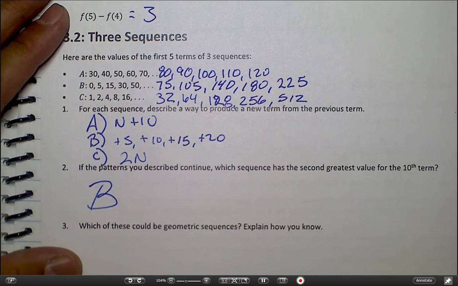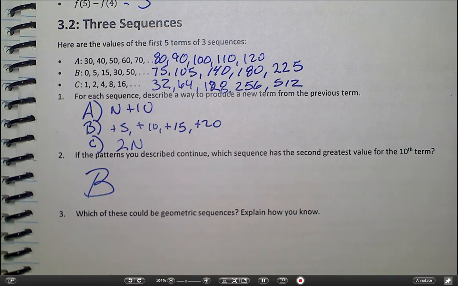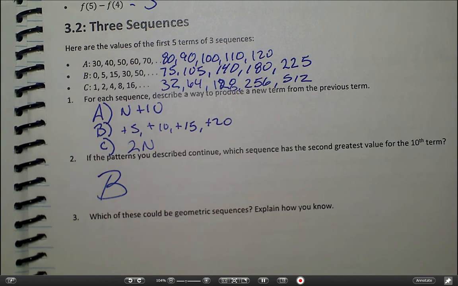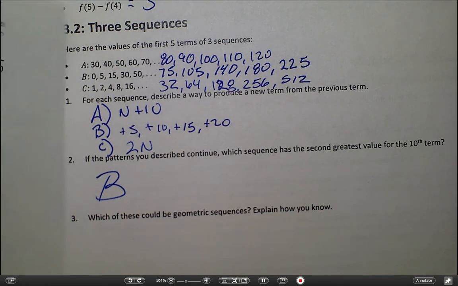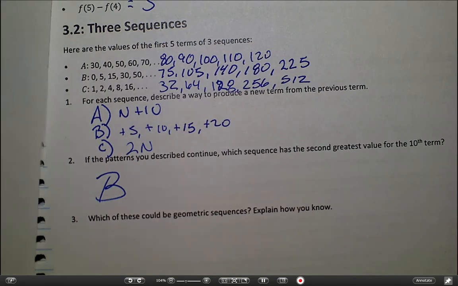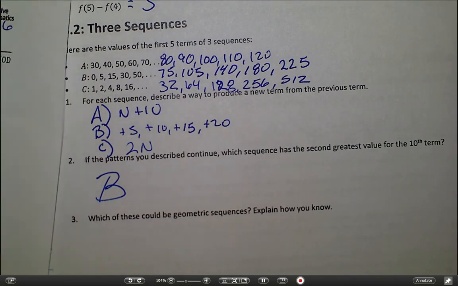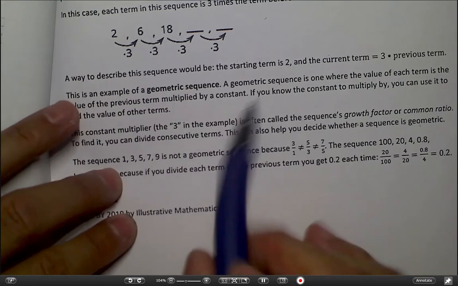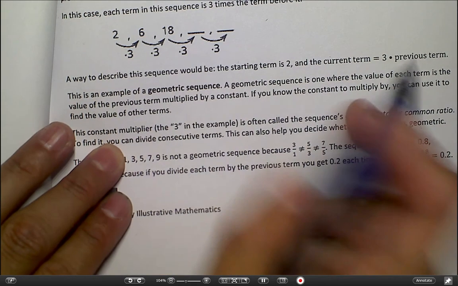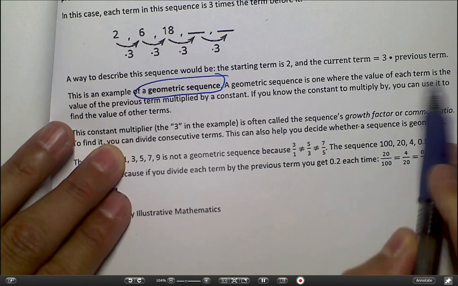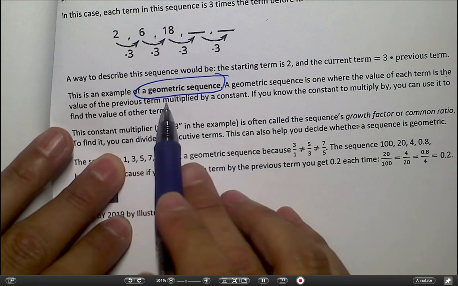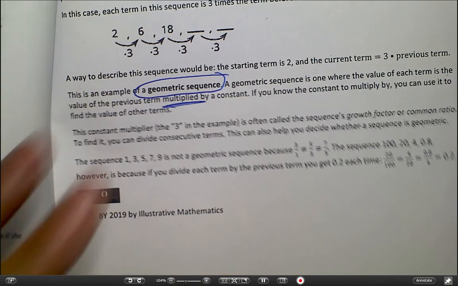Now, which of these could be geometric sequences? If you look at your notes from yesterday, it says geometric sequence: where the value of each term is the value of the previous term multiplied by a constant.